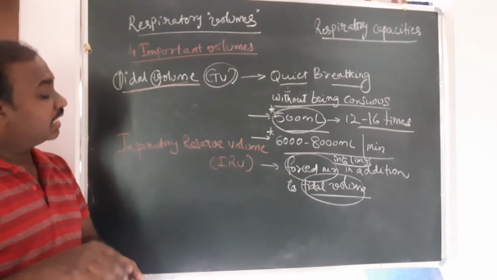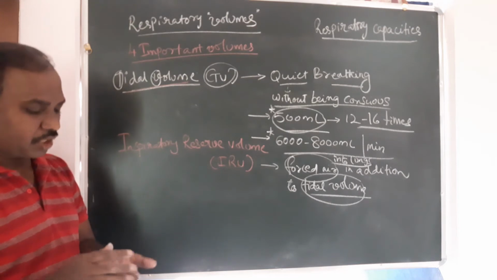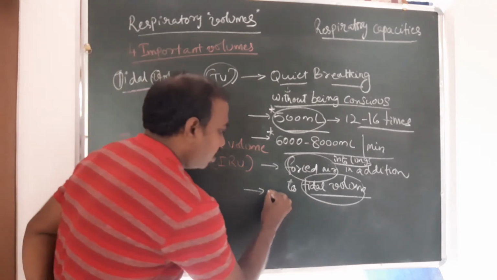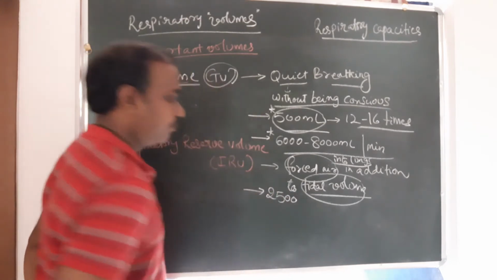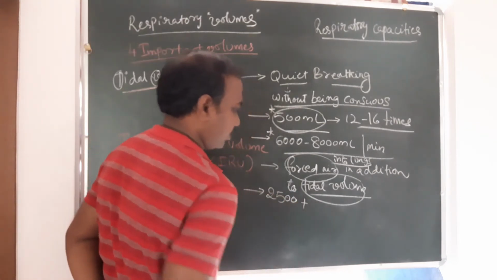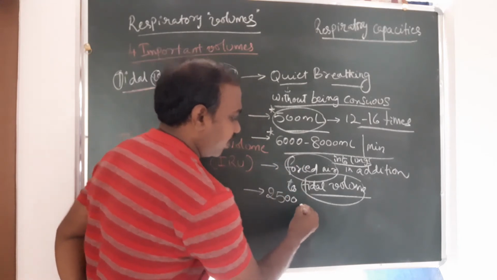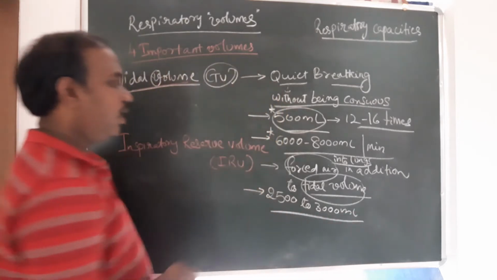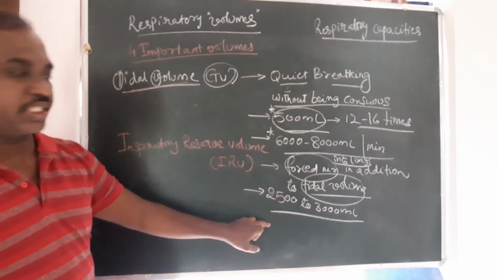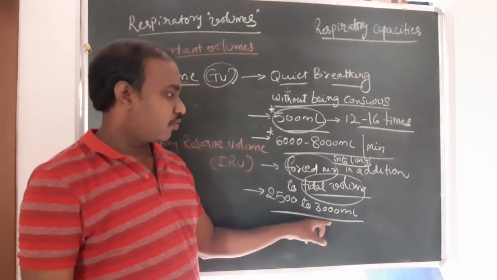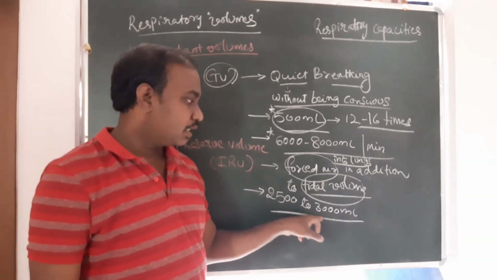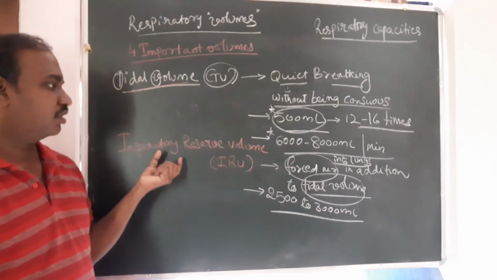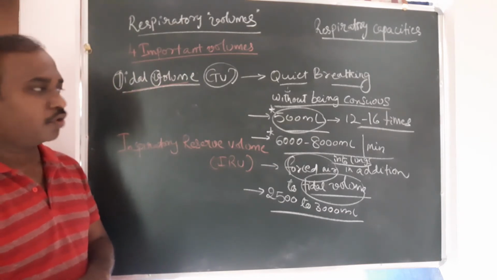How much of the air is there for inspiratory reserve value? The volume of air that we are taking in here is 2500 to 3000 ml. 2500 to 3000 ml is the amount of air that can be taken in times of stress, in forced breathing.